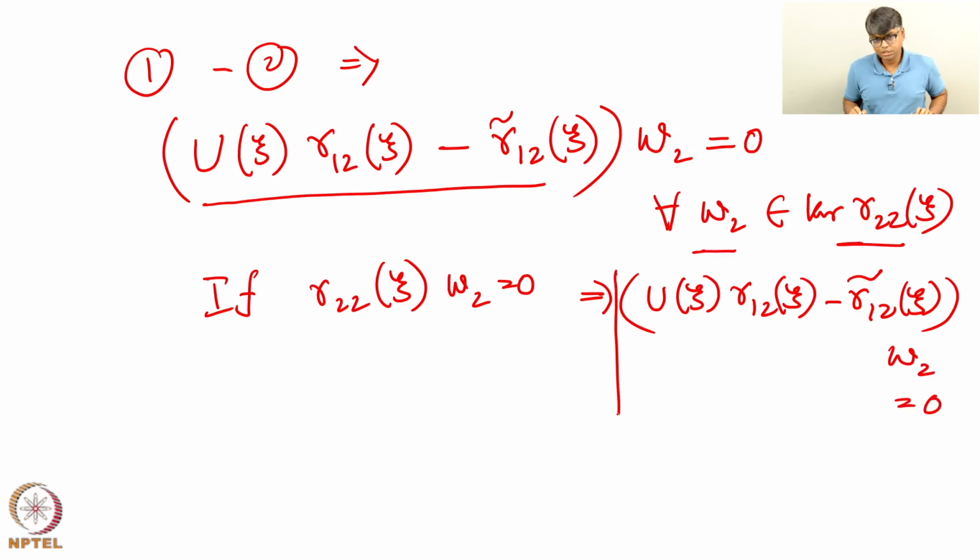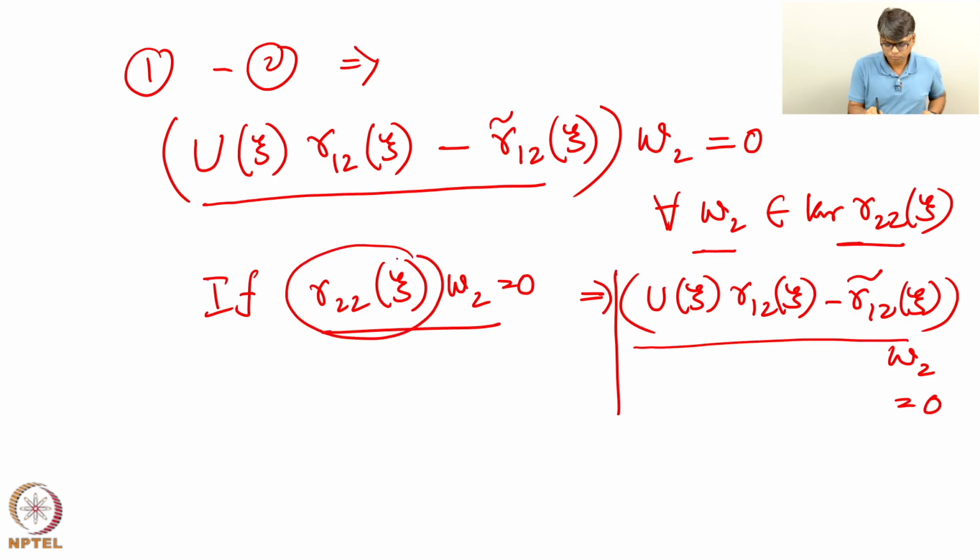So, if I look at the individual kernels of these G minus 1 entries, each of those G minus 1 kernels contains the kernel of R22.